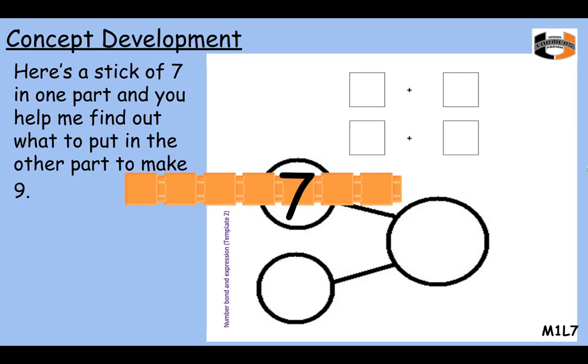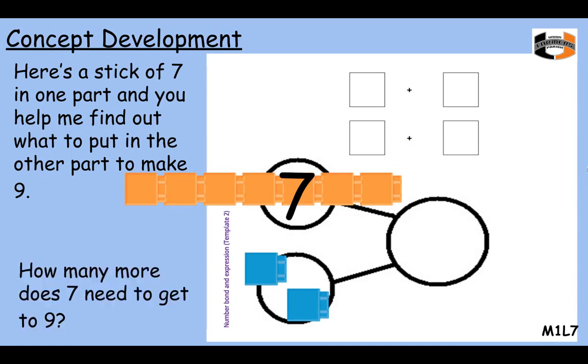Here's a stick of 7 in one part, and you help me figure out what I need in the other part to make 9. I have 7. Do I have 9 now? No, that's not enough. Do I have 9 now? Yes. 7 and 2 make 9.